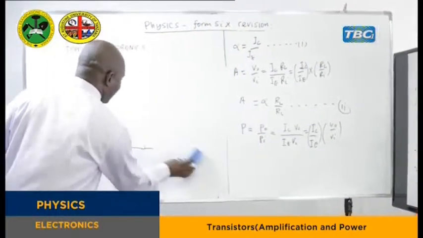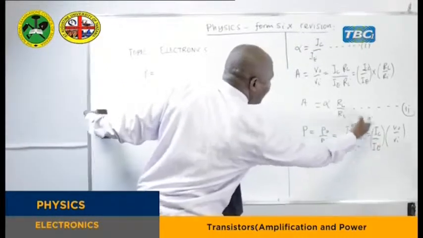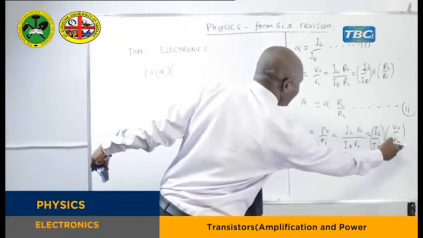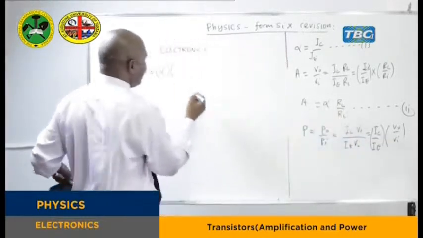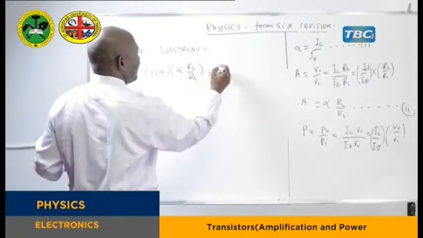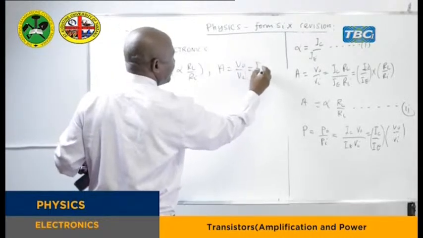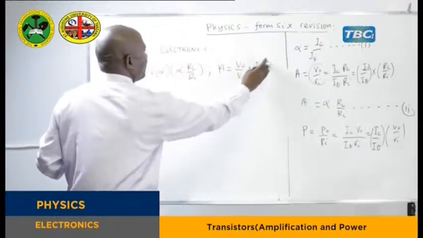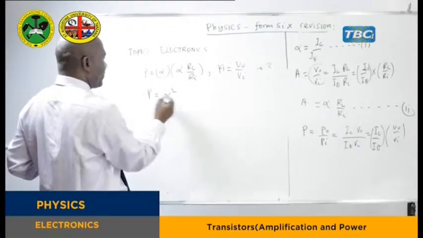If you simplify, the power gain of a transistor is the current gain, given as alpha, times our voltage gain, which is alpha RL over RI. If you remember, the voltage gain equals output over input voltage. So the power gain equals the current gain squared, alpha squared, times RL over RI.